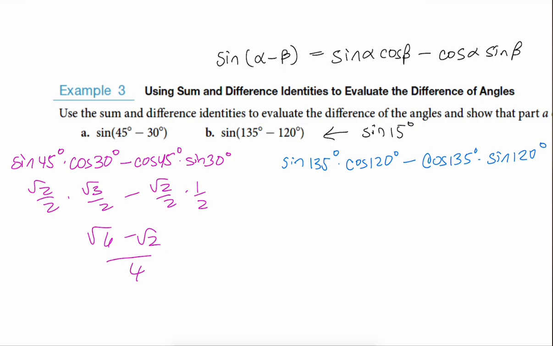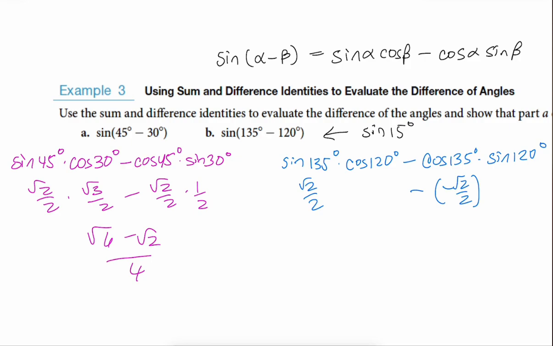Okay. Now, both 135 and 120 are in the second quadrant. So the x value, the cosines are going to be negative and the sines are going to be positive. Okay. You with me? Makes sense so far? Okay. So 135, that's the 45 in the second quadrant. This is going to be square root of 2 over 2. This is going to be negative square root of 2 over 2. Okay.